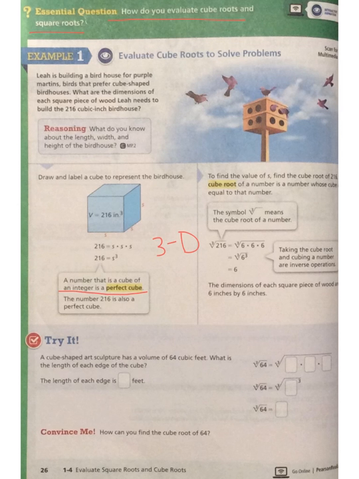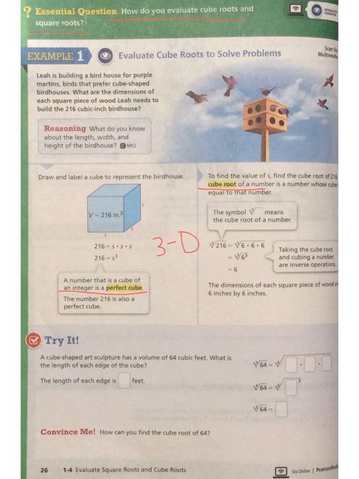So I talked in class yesterday that if we had the opposite of add, it would be subtract. The opposite of multiply is divide, or the inverse operations. So when we have a flat shape, a 2D shape, the opposite of squaring a number is taking the square root. Well, when we have this 3D shape and we're finding volume here, the opposite of cubing a number, or to the third power, would be the cube root.